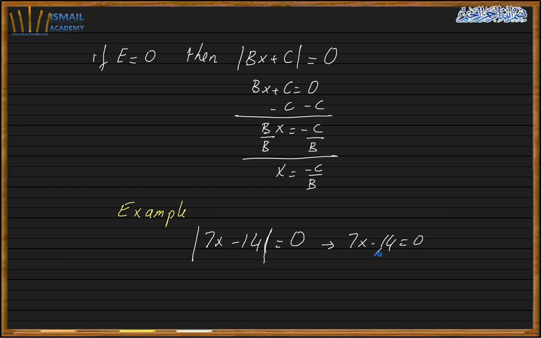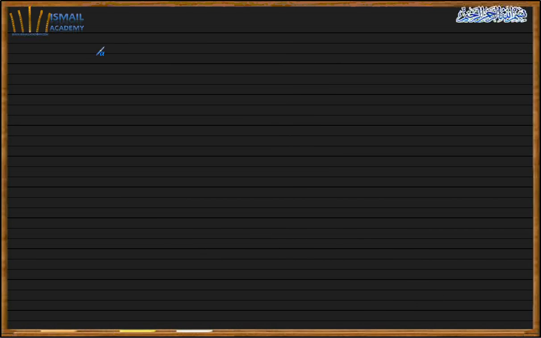Now it becomes a two-step linear equation. I add 14 to both sides, so I get 7x equal to 14. Then divide by 7 on both sides, and I will end up having x equal to 2. I hope it's clear.